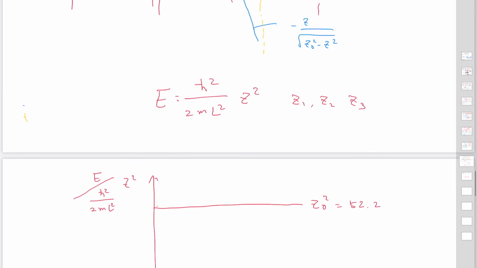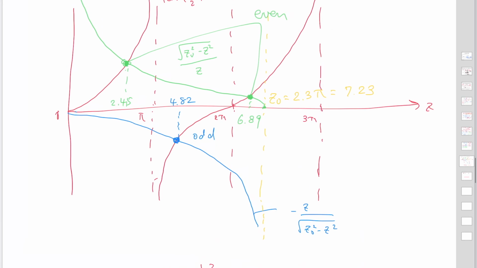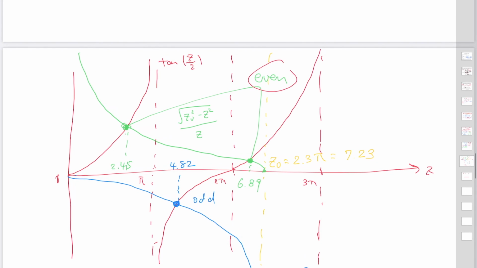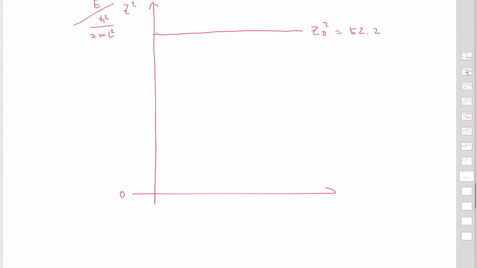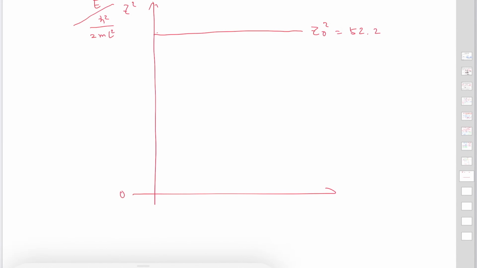The lowest energy is actually given by the even functions, so the green curves. So the lowest energy is given by the green curves. This is g₁, which is 6.00. This is the lowest energy, the even function.